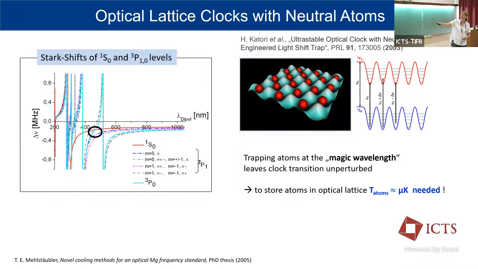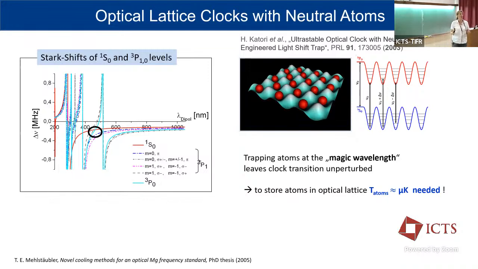So these are the Stark shifts of the eigenenergies of the atom. This is the ground state, and the blue ones are the excited state. And every time the Stark shift of the ground state crosses the one of the excited state, in such a crossing here, you have the identical Stark shift. So you see the atom cannot distinguish whether it's in the ground or in the excited state. The Stark shift is identical.